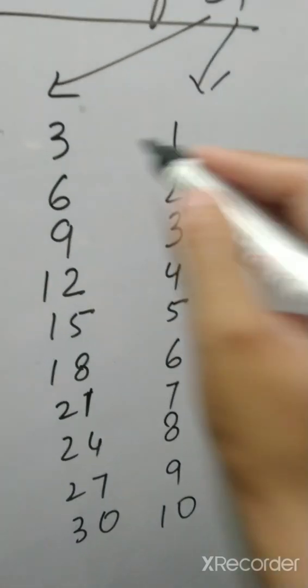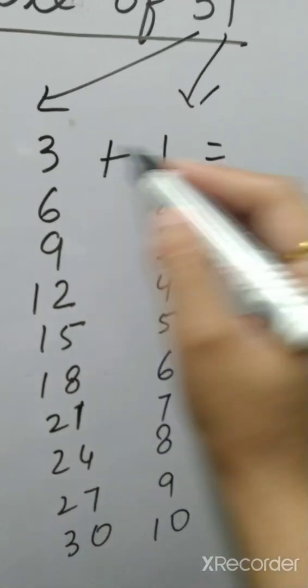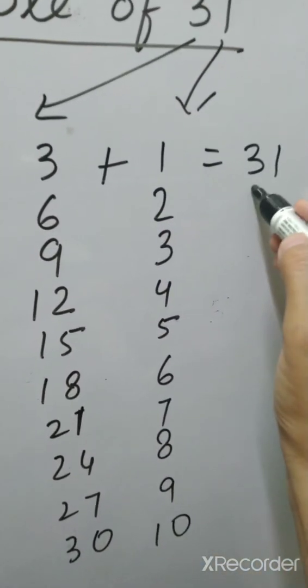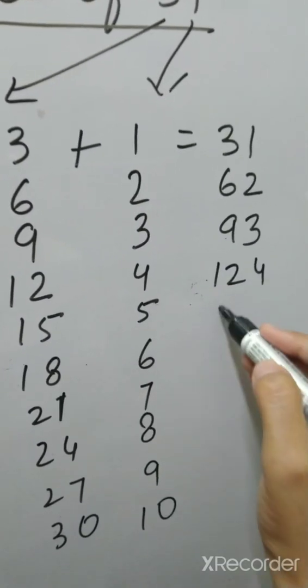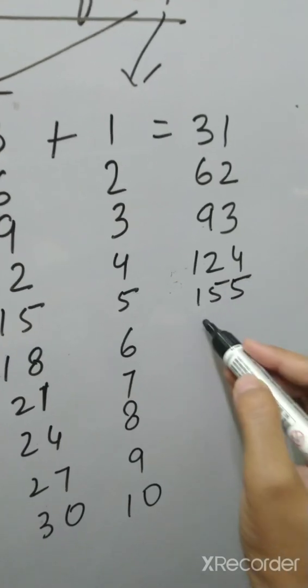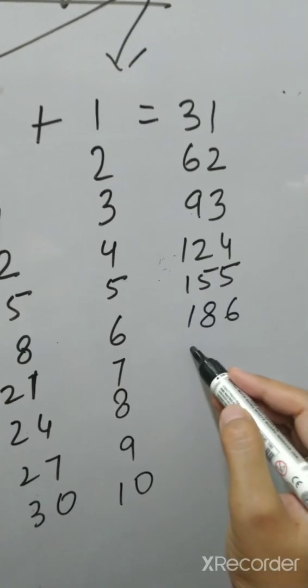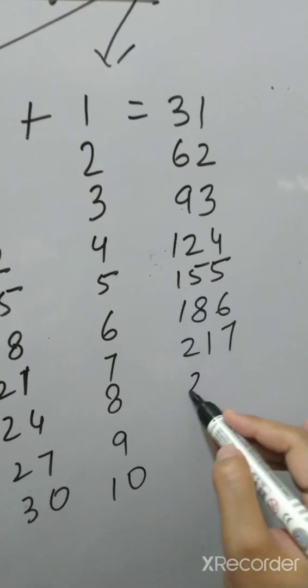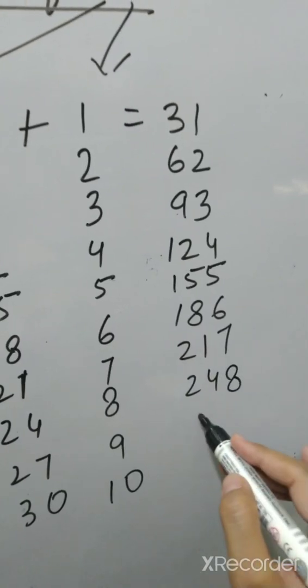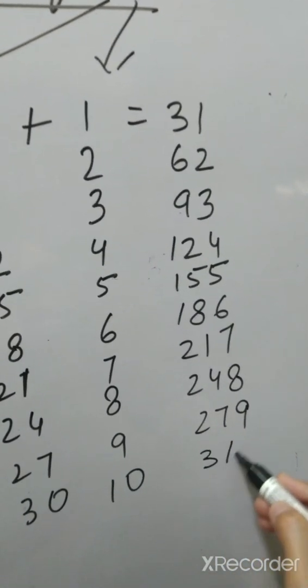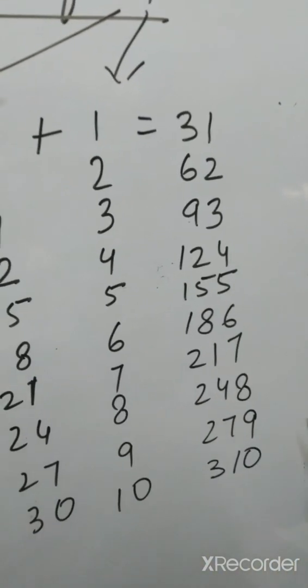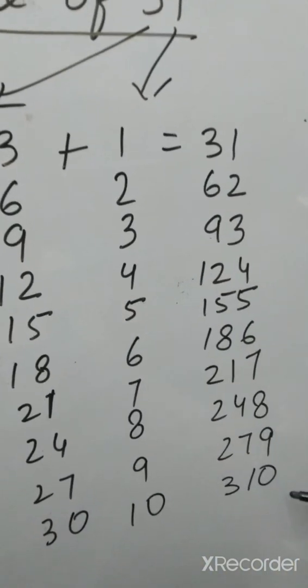Now you only have to add these. See, 31, 62, 93, 124, 155, 186, 217, 248, 279, 30 plus 1 is 31 and 0. So there goes the table of 31.